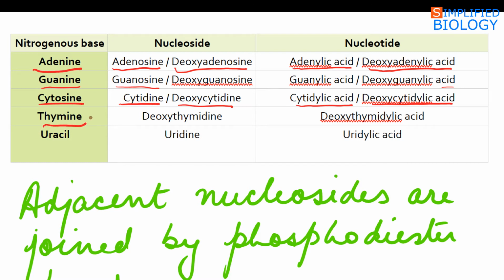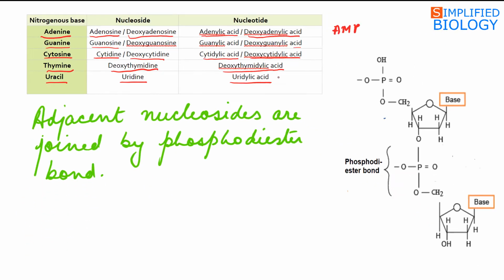Thymine, which is only present in DNA, hence deoxythymidine, and its nucleotide deoxythymidylic acid. Uracil, which is only present in RNA, is uridine and uridylic acid.